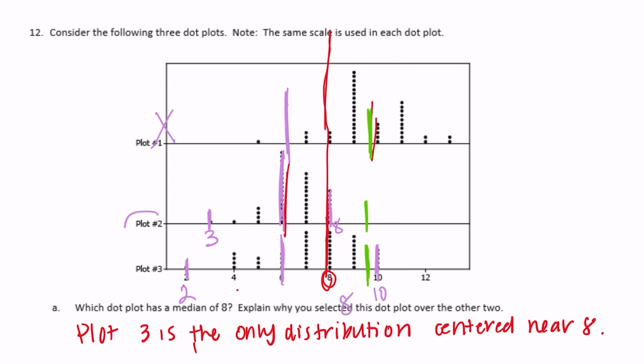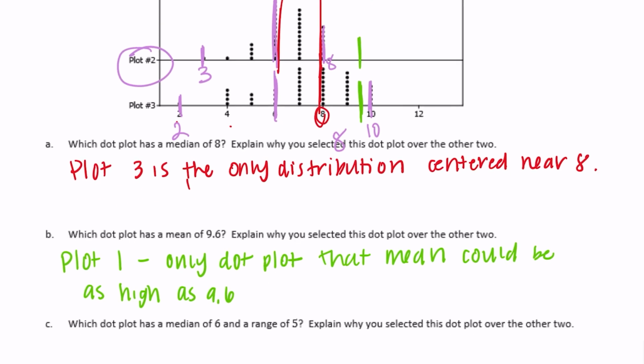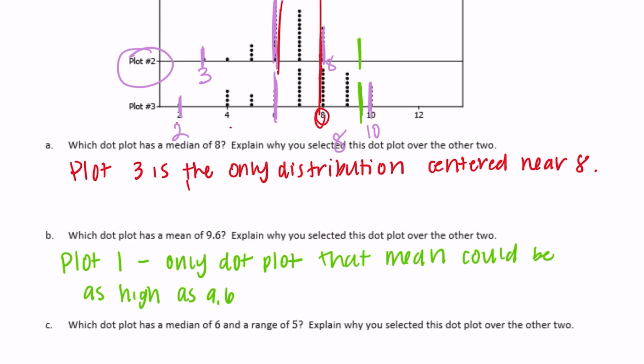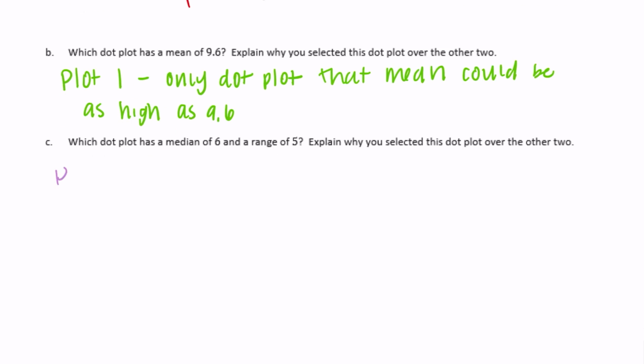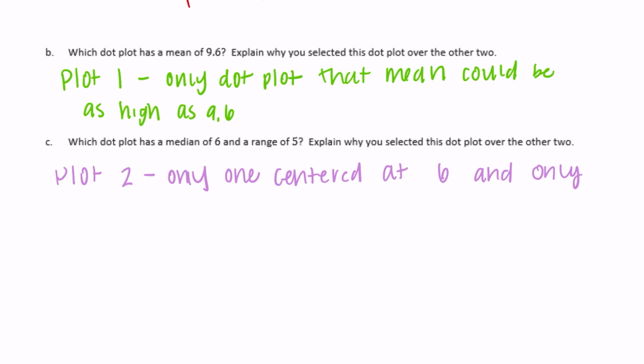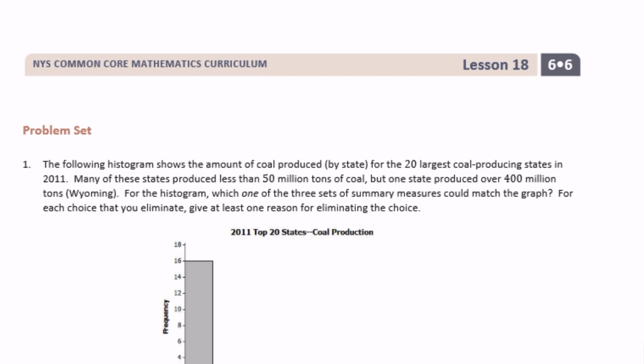So it has to be plot 2 because it's the only one that has a range of 5. Let's say plot 2 only. It's the only one centered at 6 and the only plot with a range of 5. And that's the end.